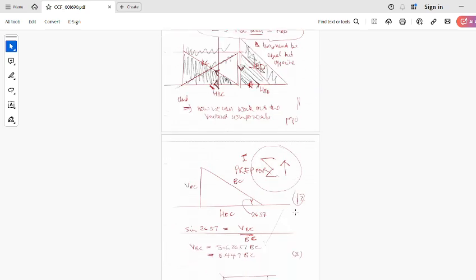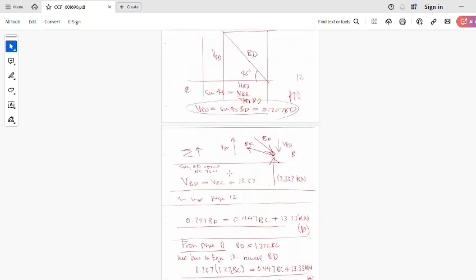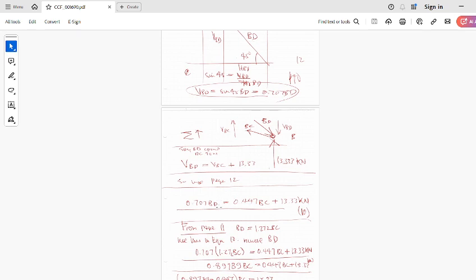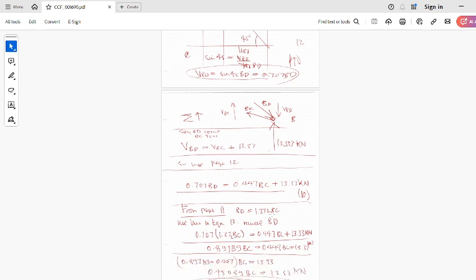So now we can do vertical reactions. VBD equals VBC plus 13.33. So use page 12. We've got 0.707 BD equals 0.447 BC plus 13.33 kN. From page 11, BD equals 1.272 BC.